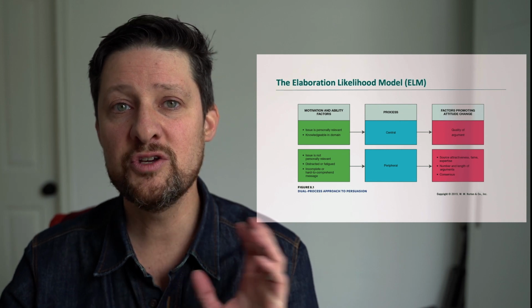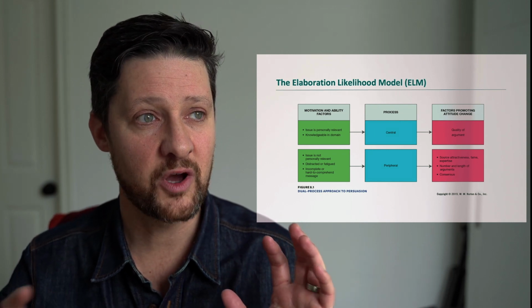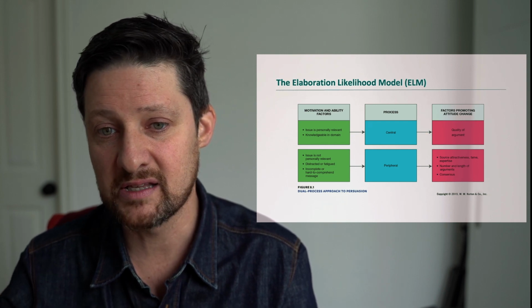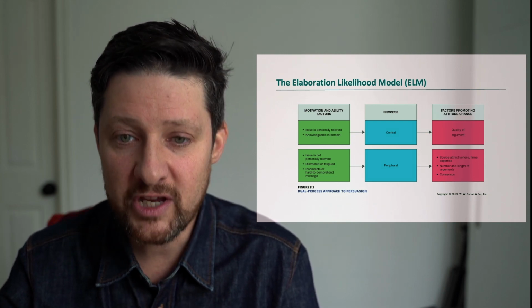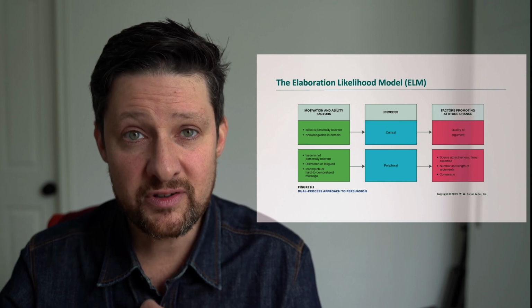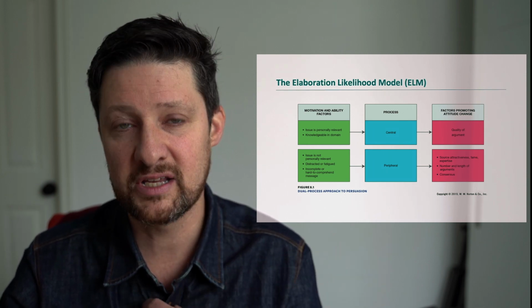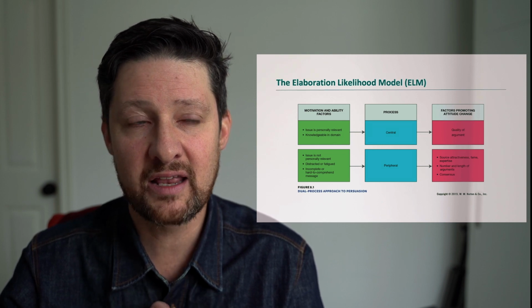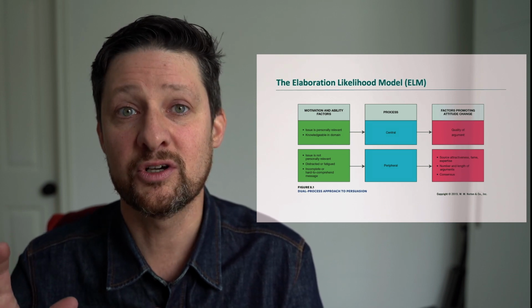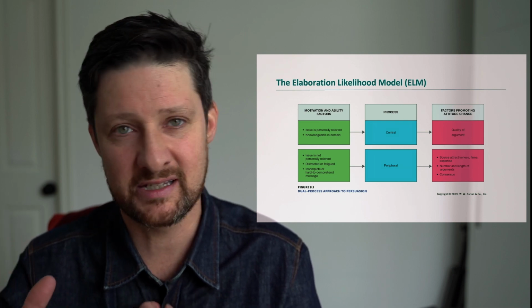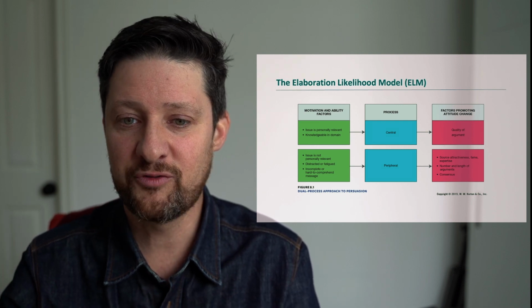We can use different contexts to come to a matrix of understanding what people use in different circumstances. When the message is personally relevant and you're knowledgeable in the domain, you're going to use the central route, and mainly evaluate the quality of the argument. You'll pay attention to the rationale. You'll, like I said, have your head screwed on.